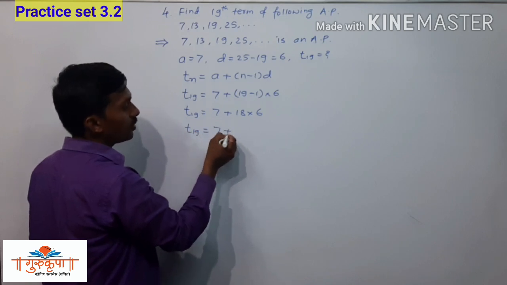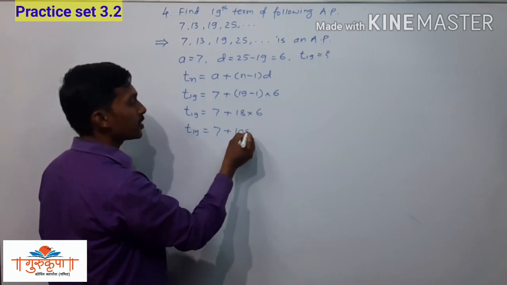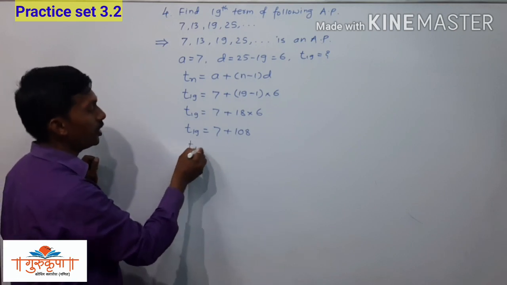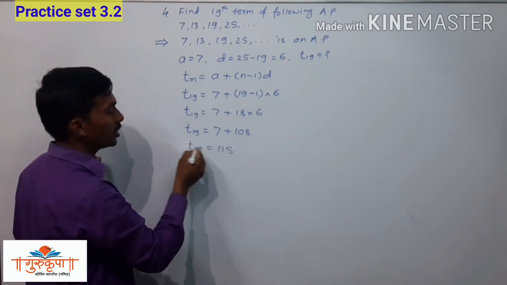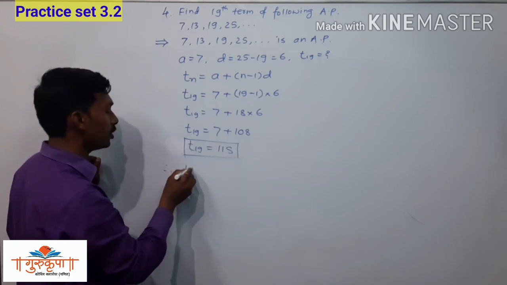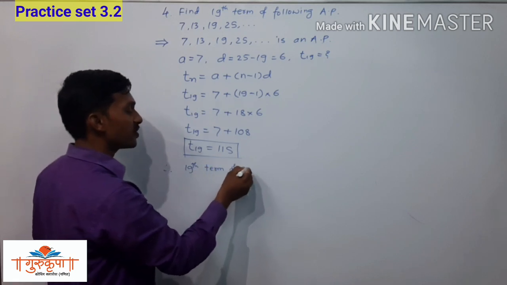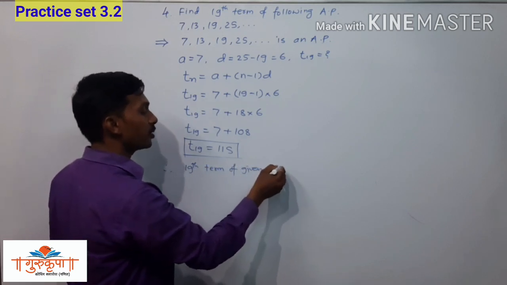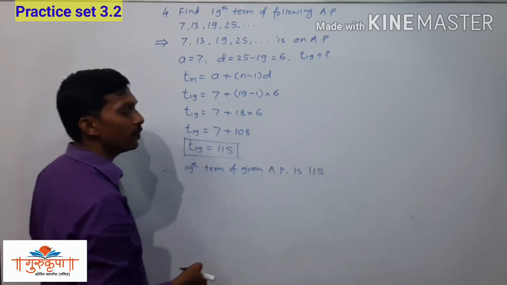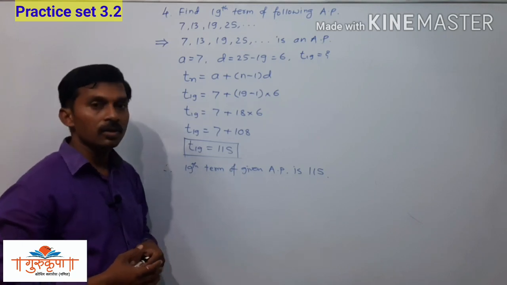T19 is equal to 7 plus 18 times 6, which is 108. 108 plus 7 is 115. So T19 is equal to 115. Therefore, the 19th term of the given AP is 115. So this is all about example number 4.